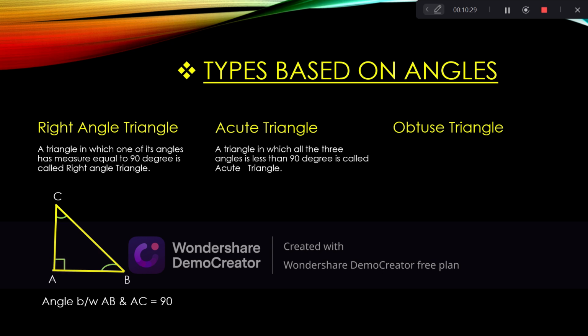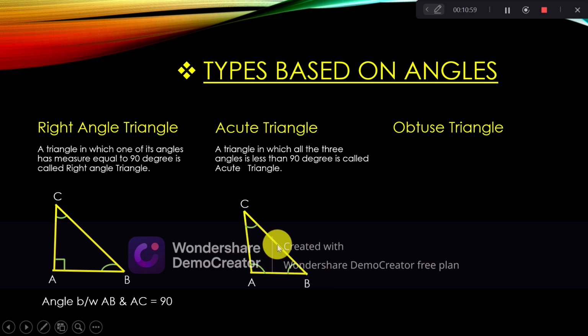An acute triangle is a triangle in which all the three angles are less than 90 degrees. Okay. So this is also made from three non-collinear points. In this, according to the definition, there are three angles which are less than 90 degrees. This is also less than 90 degrees, and this is also less than 90 degrees.